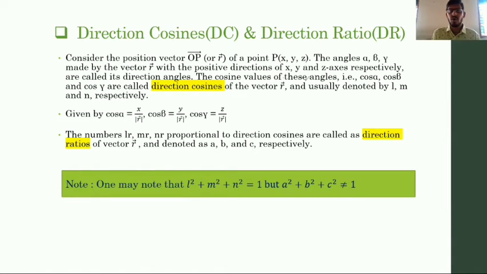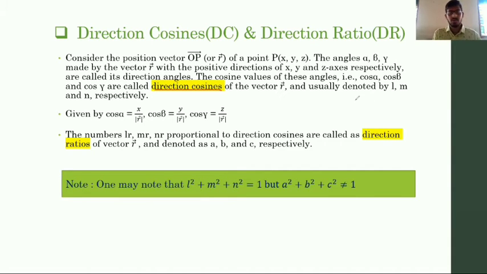The cosine values of these angles, that is cos alpha, cos beta and cos gamma, are called direction cosines of the vector r, and are usually denoted by l, m and n respectively.